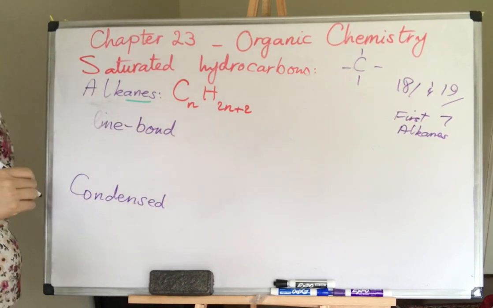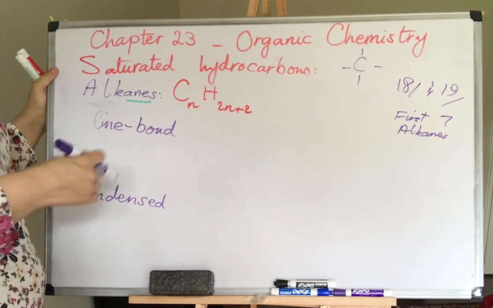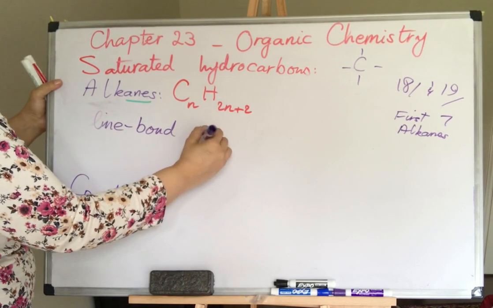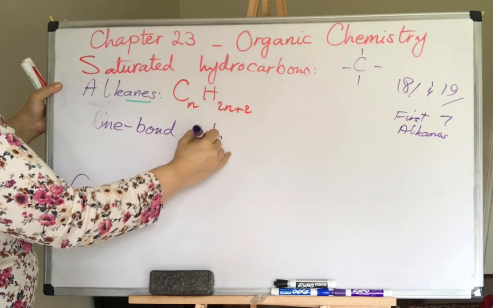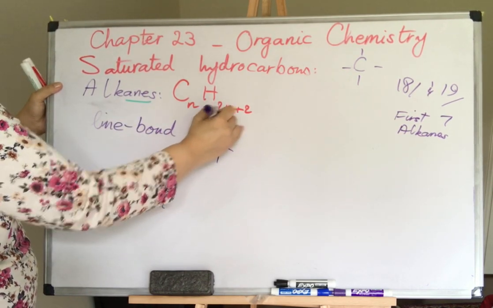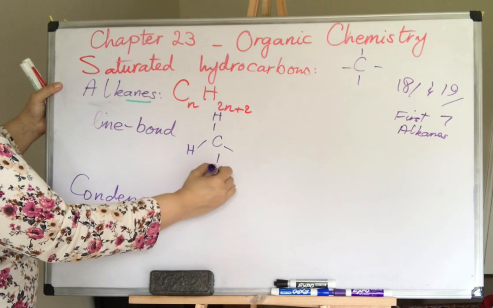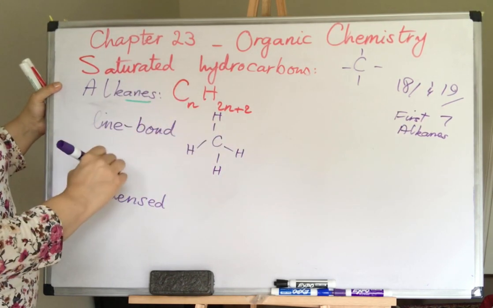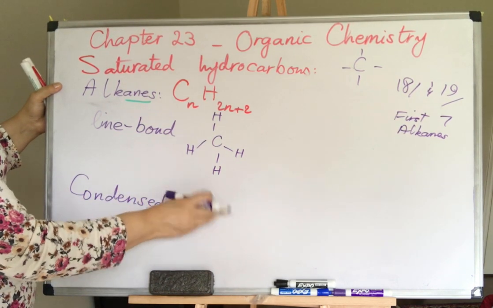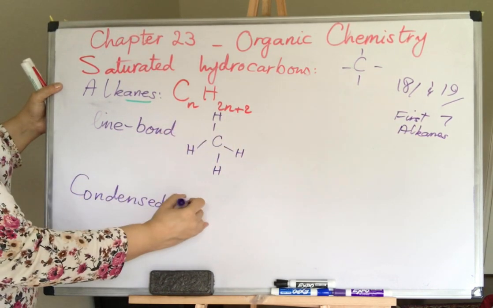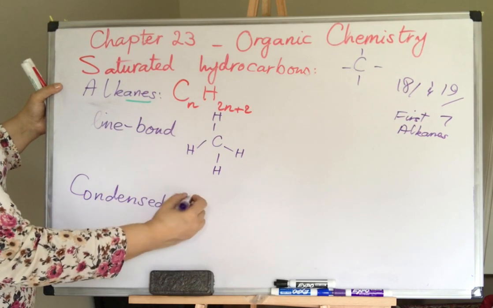Line bond is when you show each bond as a line, which is what I did with CH4, methane. For condensed formula, I need to show it for a larger hydrocarbon.